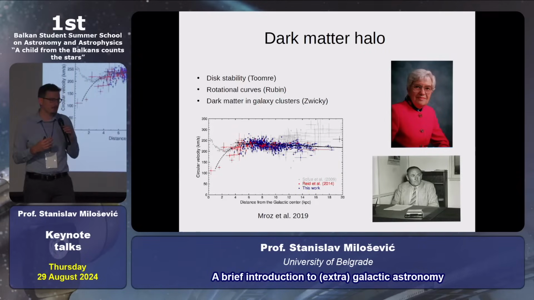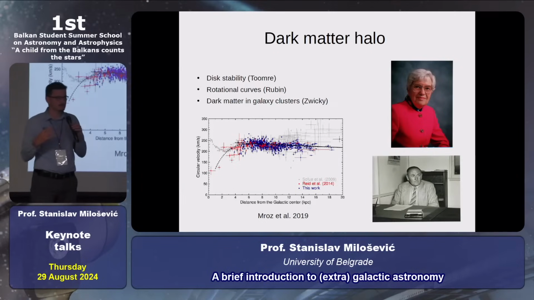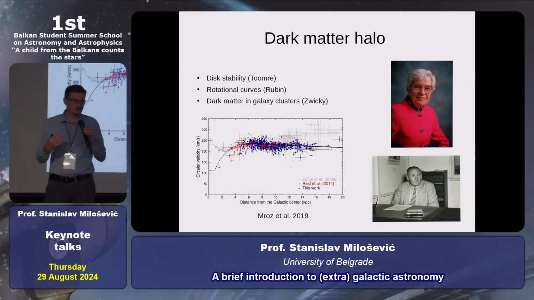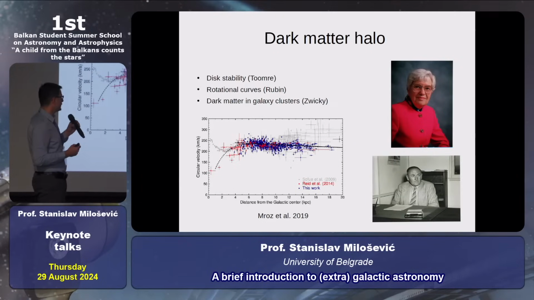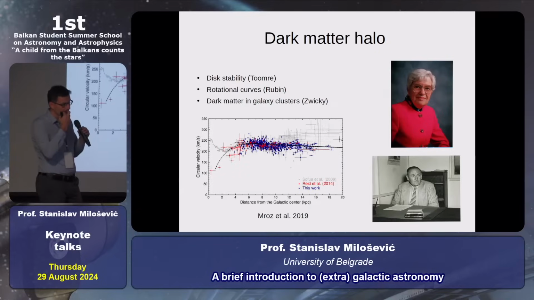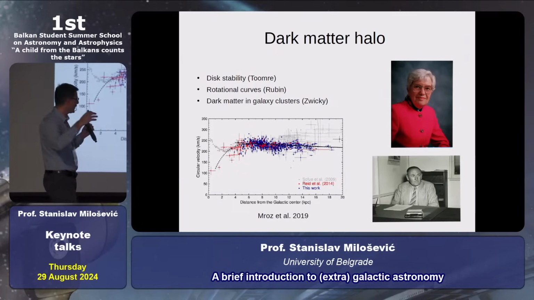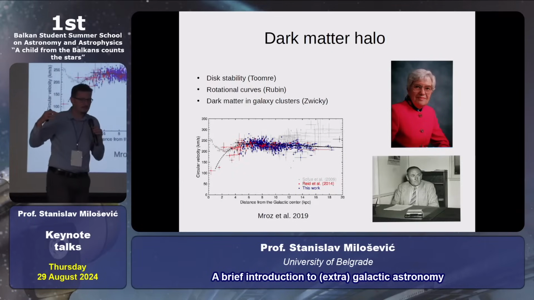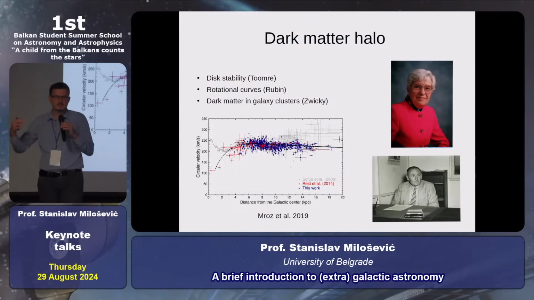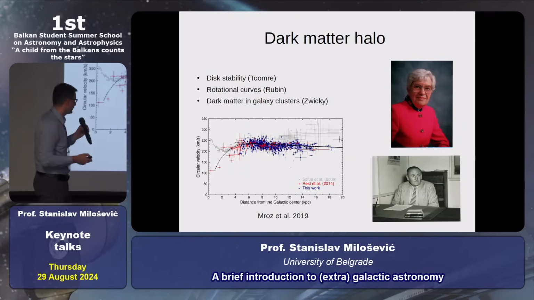So you need a balance between potential and kinetic energy. When he measured the velocities of galaxies on the edge of the Coma cluster, he said, okay, these velocities are too high. They shouldn't be bound to the cluster, but they were bound. So he said we need to have more mass here which we cannot see, and he called it dark matter.